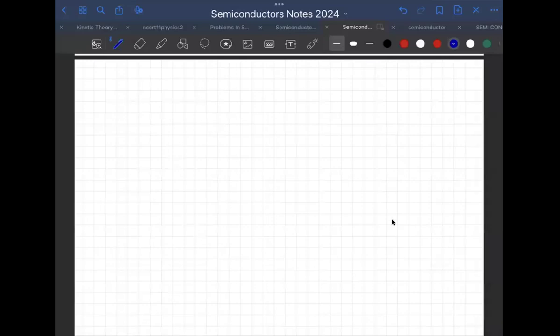So in addition to whatever we have learned in PN junction diode, this is a special area which we need to go through. I'm just giving you some basics of this. Please try to understand when I am writing NE, it refers to the number of electrons per unit volume.